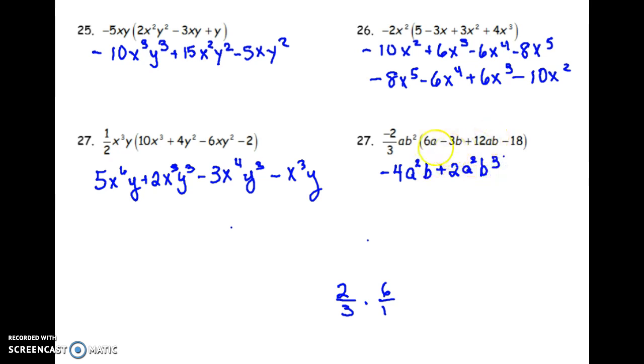And then negative 2 times 12 is negative 24/3, which is negative 8a squared b to the third. And finally, negative 18 times negative 2 is positive 36, 36/3 is 12. So we're going to have plus 12ab squared.